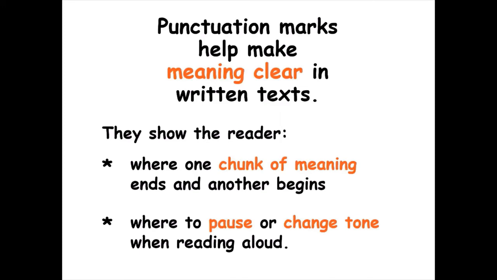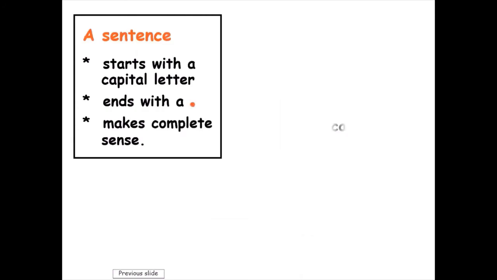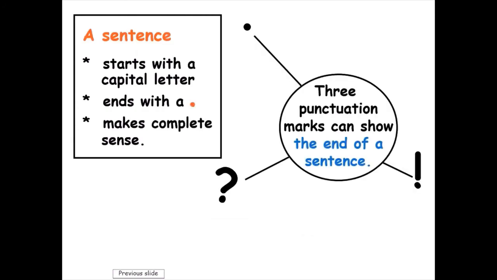And where to pause or change tone when reading aloud. This is usually used when we use a comma or semicolon. We'll look into it in the upcoming slides. A sentence starts with a capital letter and ends with a full stop. That makes complete sense.